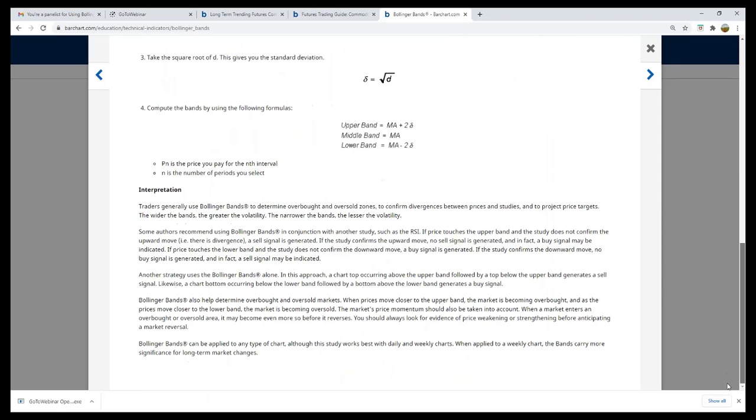The other concept I want to employ onto you guys is that Bollinger Bands can be applied on any chart and any time frame. But although the study works best with daily and weekly charts, when we apply it to a weekly chart, and this is really what we're going to look at, it is more significant for long-term trend changes. Okay, so that's where we're going to start our discussion.